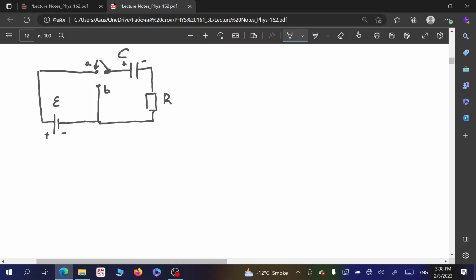First of all, we apply the second Kirchhoff's law, and from there we express electric current as a function of parameters of the circuit. Considering that electric current is the first derivative of charge over time, we have a simple differential equation with separable variables, which allows us to get the expression for charge accumulated at this capacitor as a function of time.